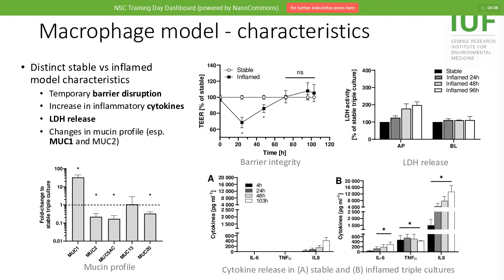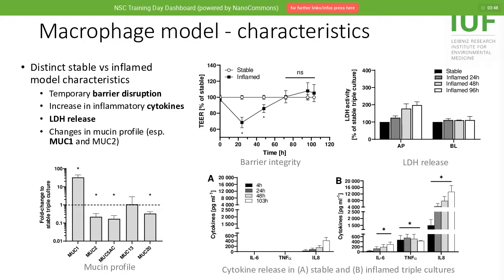Going further to the right, we have the LDH activity as an indicator for cytotoxicity. And we see that in the inflamed model, we have a continuous increase of LDH activity in the apical compartment, suggesting that we have an ongoing cytotoxic effect of the strong inflammatory stimulus.